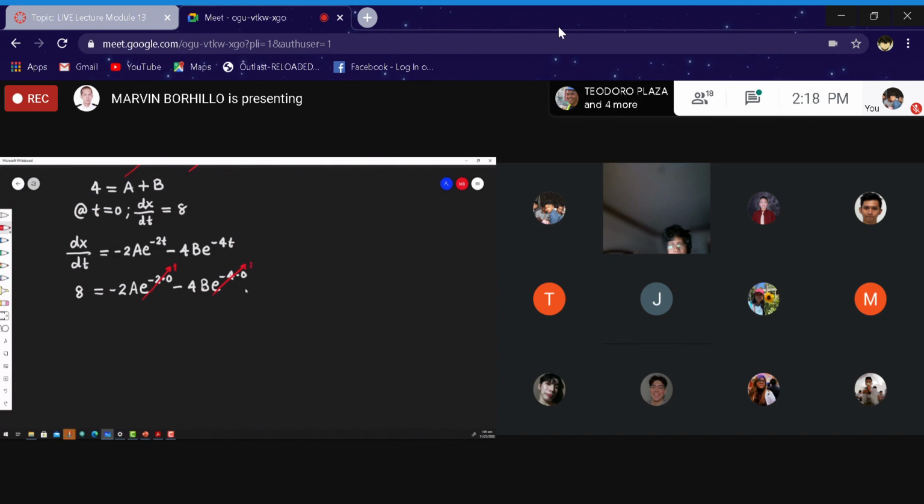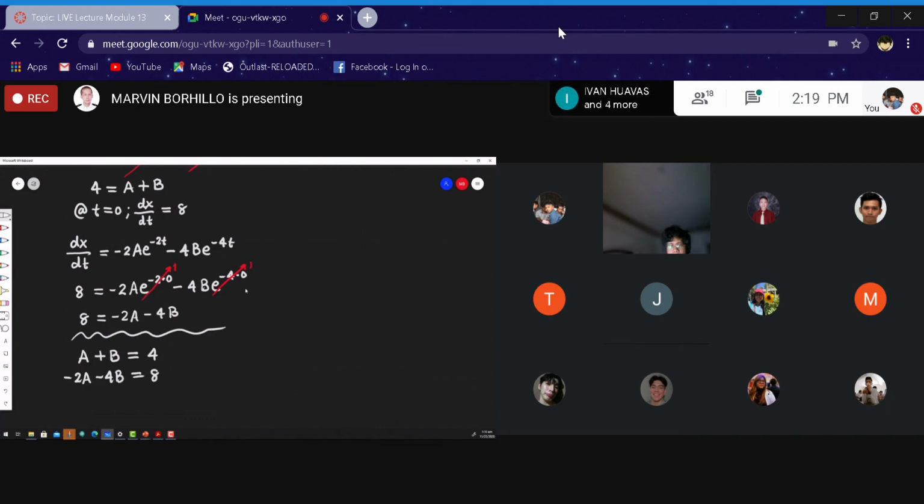So, our equation will be 8 is equals to negative 2a minus 4b. Our system of equation, to summarize, is a plus b is equals to 4 and negative 2a minus 4b is equals to 8.